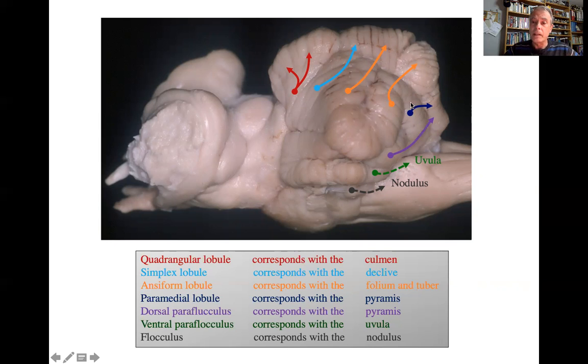The paramedian lobule is related with the pyramis, as is the dorsal paraflocculus. The ventral paraflocculus is related with the uvula, and the nodulus to the flocculus.